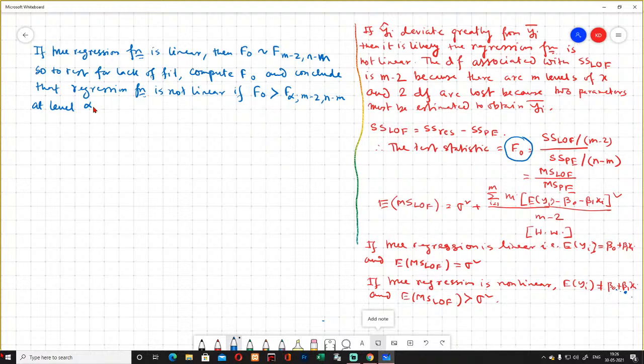Otherwise, we conclude that the regression function is linear.